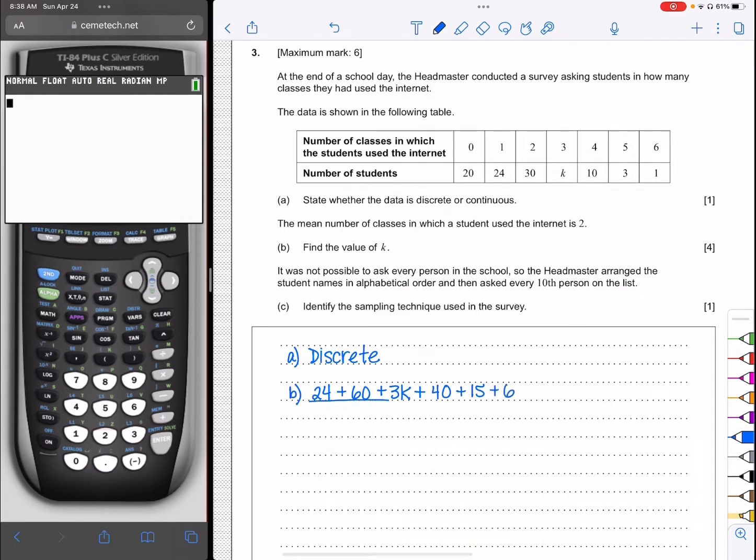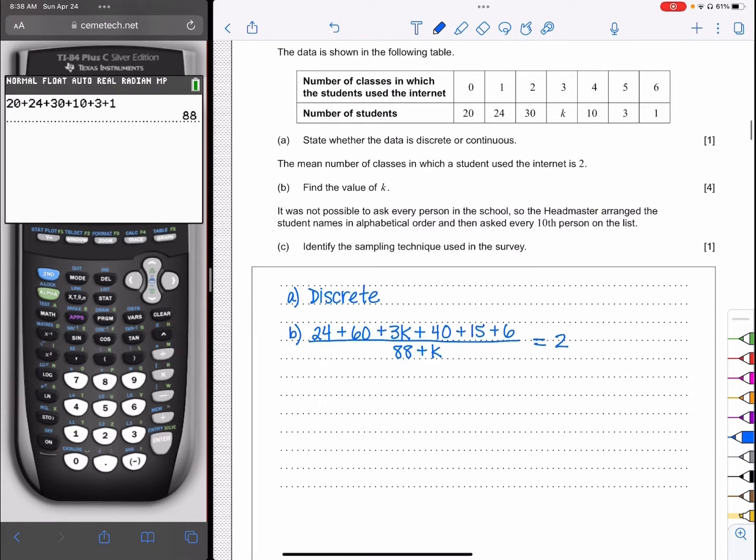And all of this is going to be divided by my total number of students. If I add 20 plus 24 plus 30 plus 10 plus 3 plus 1, those are my students, so I have 88 plus K students here. And I know that this should be equal to 2 because they said my mean was equal to 2 here.